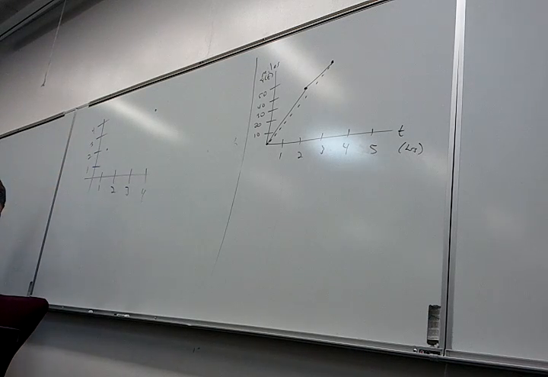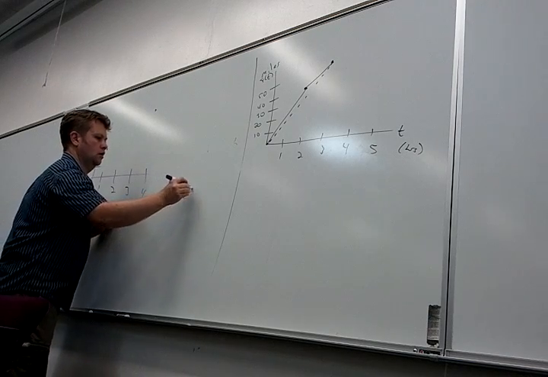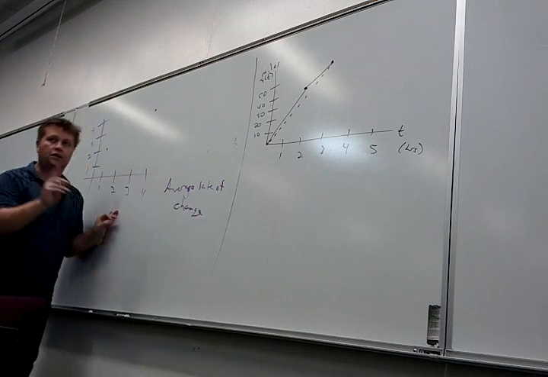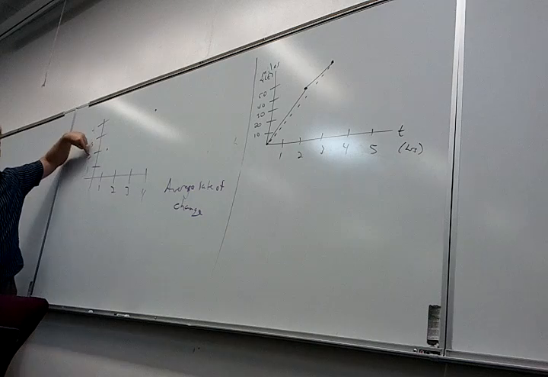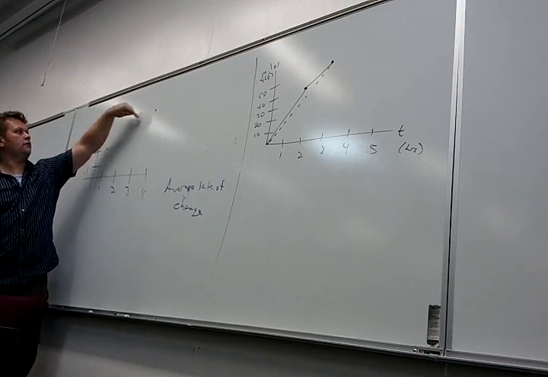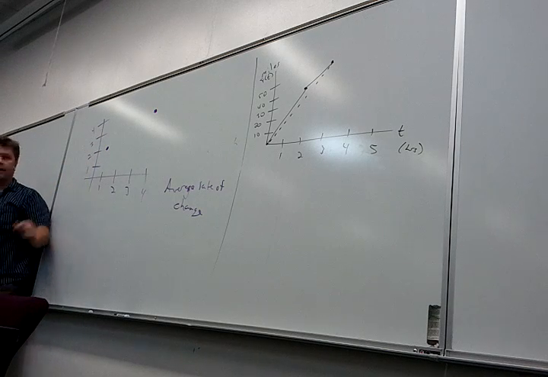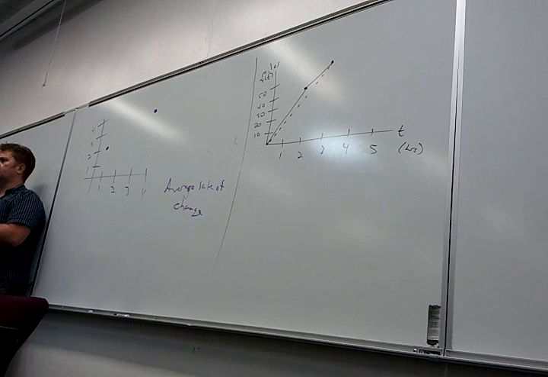What's the average rate of change? All you got to know is it started here. At 1 it was at 2, and then at 4 it was at 3. You guys with me? So how do you figure out the average rate of change?